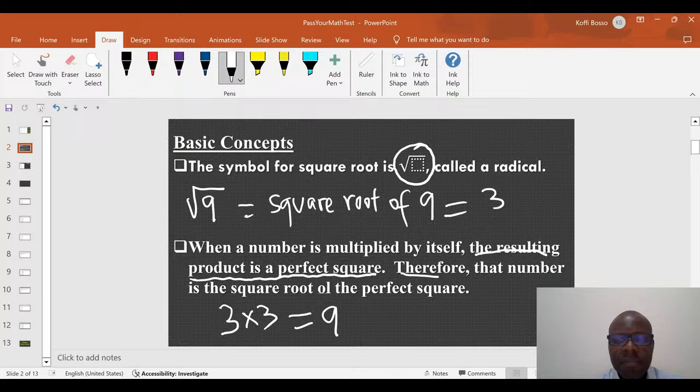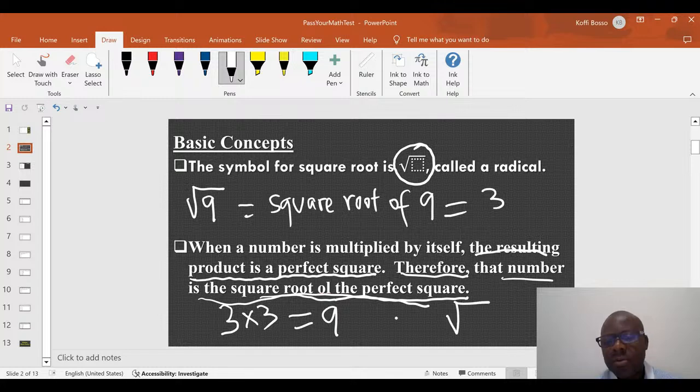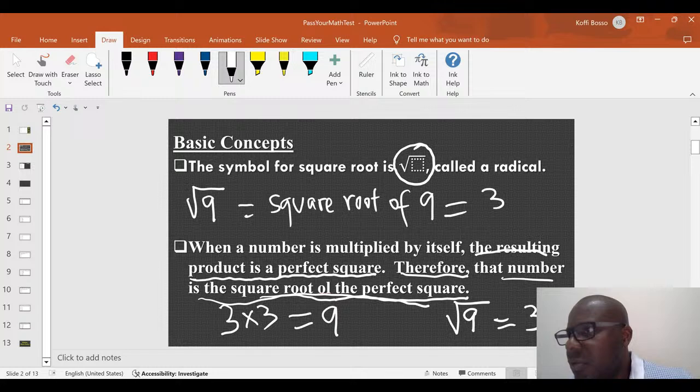Therefore, that number is the square root of the perfect square. So if I take the square root of 9, I get the number I had in the beginning, which is 3. Any questions so far?